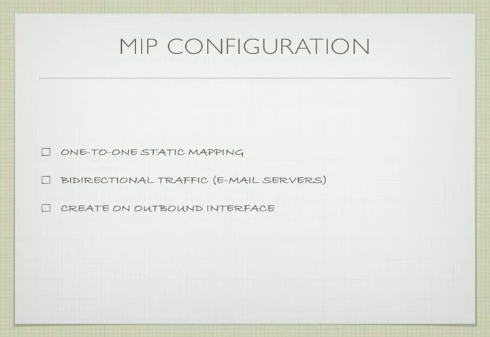You're going to create the MIP on the outbound interface where you want the translation to occur, and then you're going to use that created MIP in the same way that you did the VIP in the associated policy. So it's a very straightforward process and pretty much the same as using the VIP, only it's bidirectional.